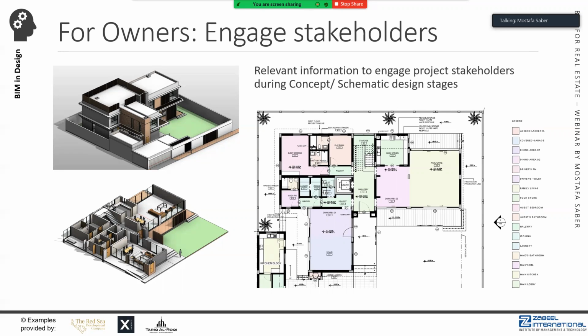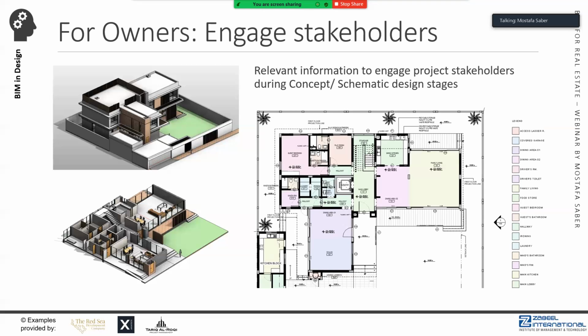Also using 3D information and 3D plans, because some people are not really aware of what it means when they see a 2D plan. Where are the windows, for example, or what is the difference between a door and a window? So it's more relevant to other stakeholders as well when they see 3D information that is relevant to their project and that is actually interactive with their layouts and plans.